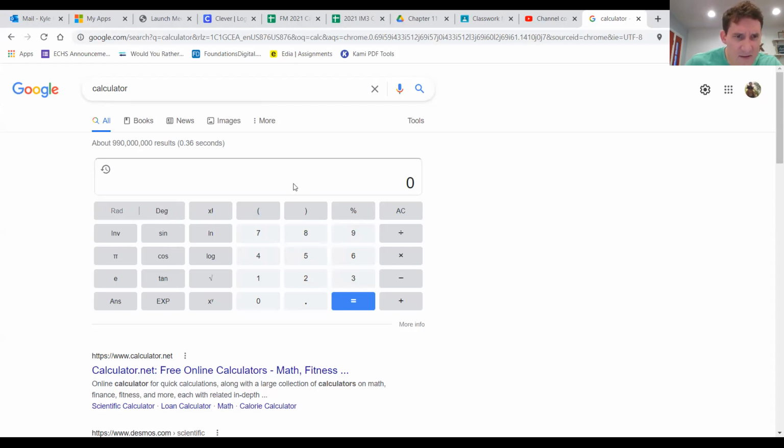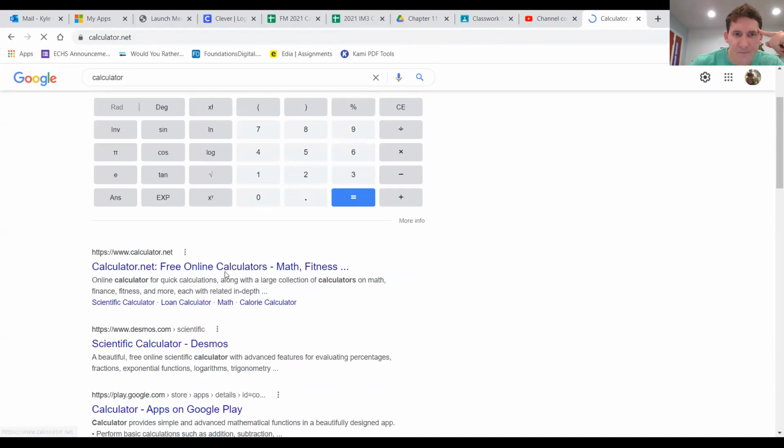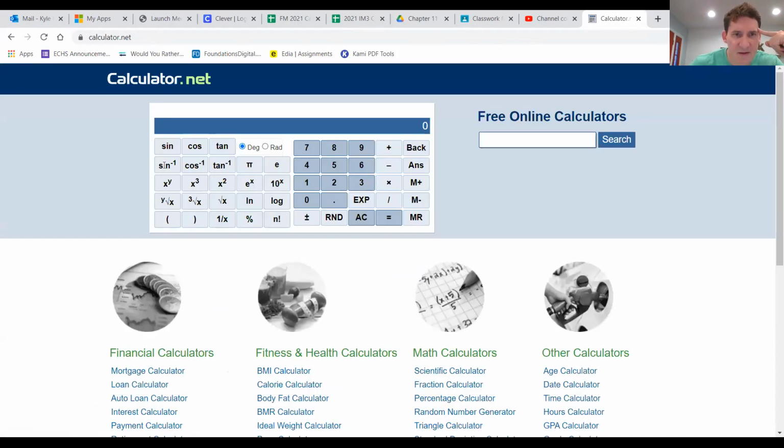This one is in degrees, and it has the inverse sine, cosine, tangent functions. So what you're looking for is the little button that says sine to the -1.